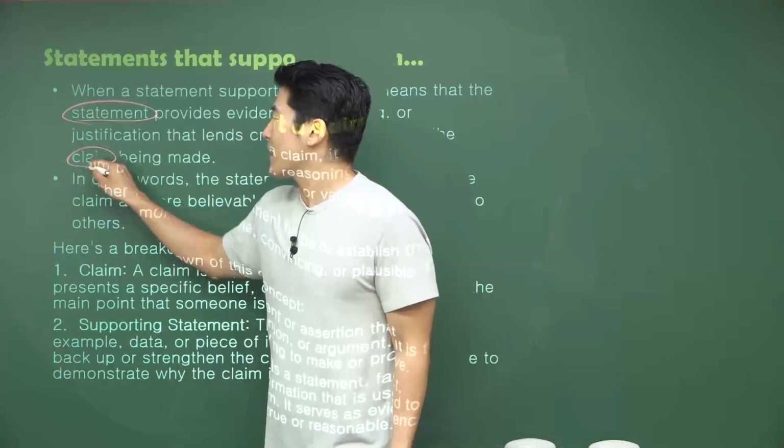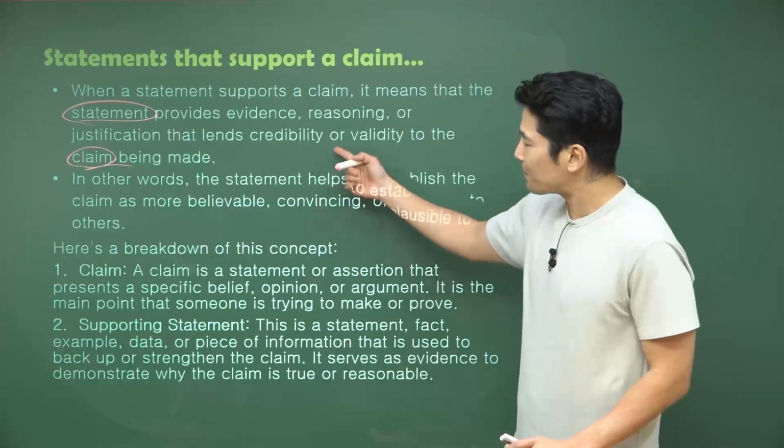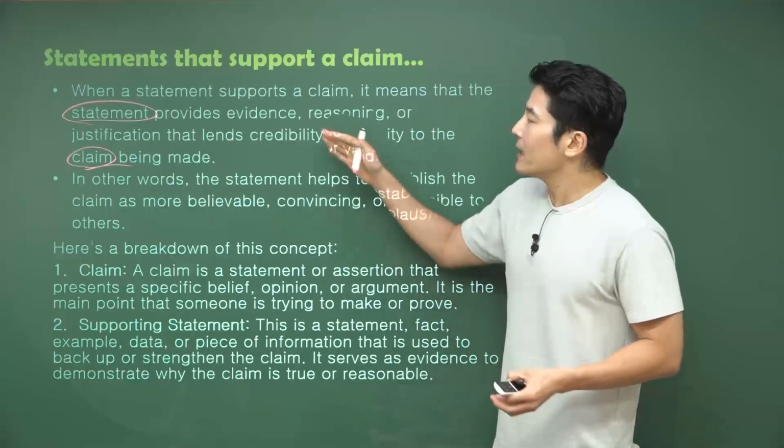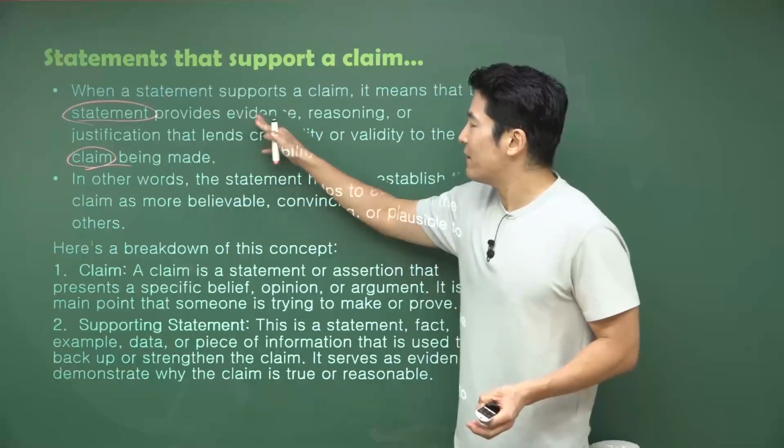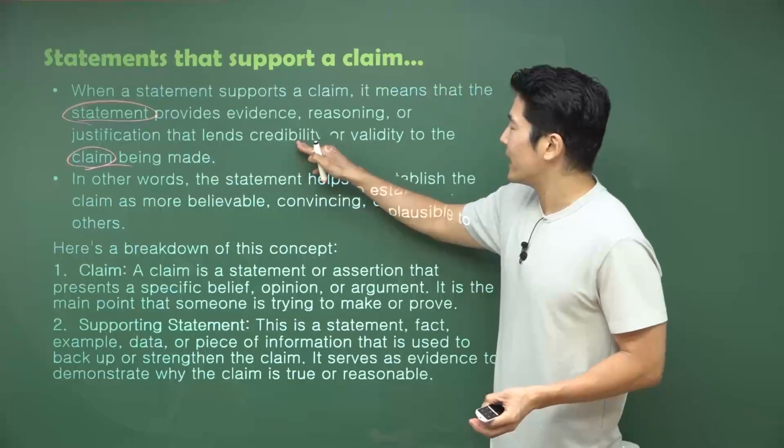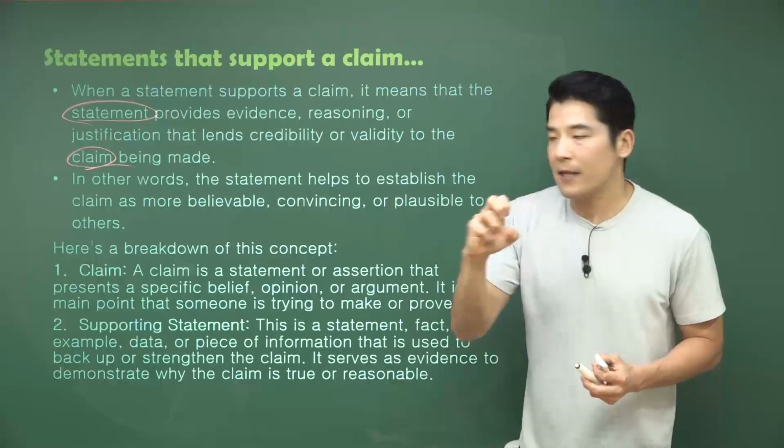The claim is the thing in the reading passage or the text. If you have an answer choice that provides evidence that lends credibility, it is adding strength to the claim.